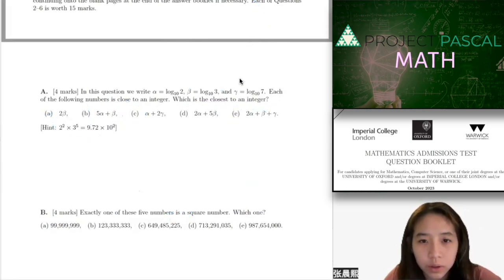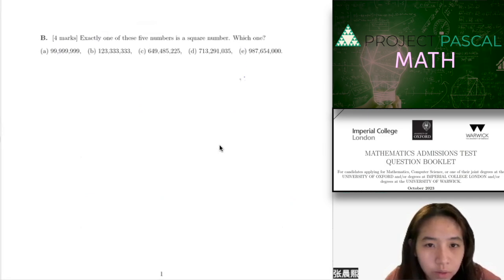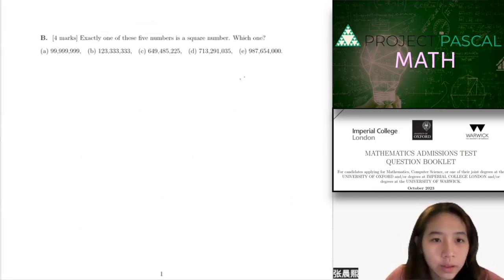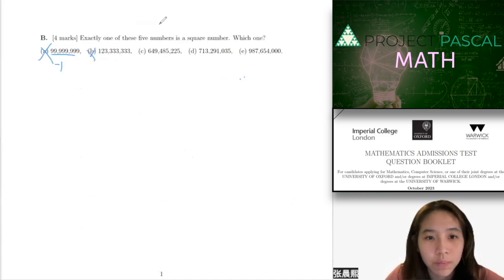Okay, so cool. Moving on. Exactly one of the following numbers is a square number. Which one? Well, this is a square number minus 1, so this can't be the case. And square numbers can't end with 3, so it can't be B either.